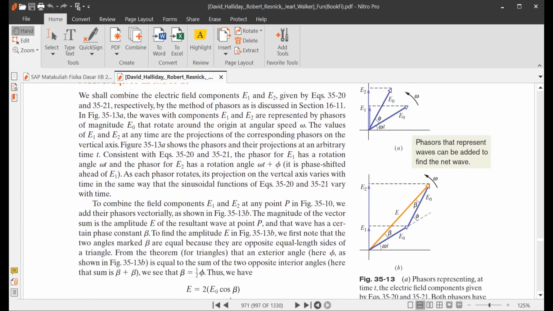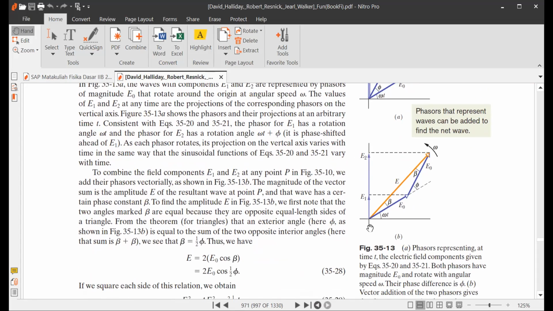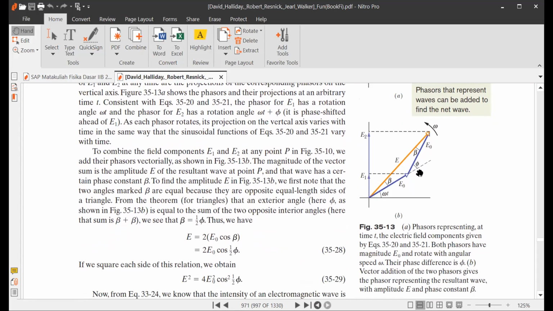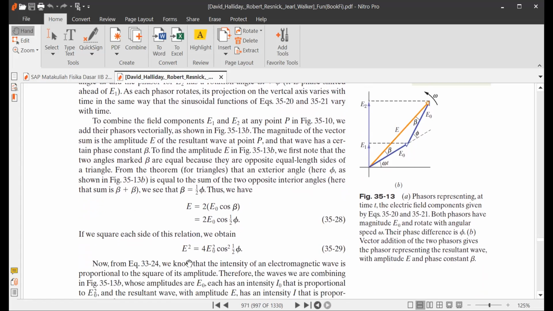If we draw, this should be the first and the second, you can also choose first or second, anything. So E1 and E2 have different phase of phi. From this triangle, you will get this relation.